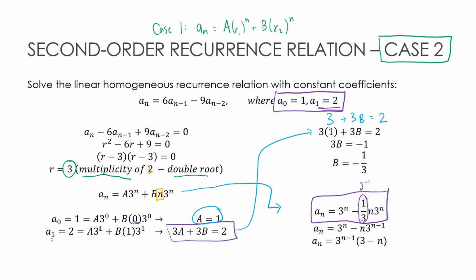Notice I just rewrote that as 3 to the n minus 1. And then I factored, because I have 3 to the n minus 1 that I can take out of both. That leaves me with 3 to the n minus 1 times 3 minus n. So either of those that I've put the box around here would be just fine for a solution. Obviously this one's a little bit better, but I'm satisfied right there.